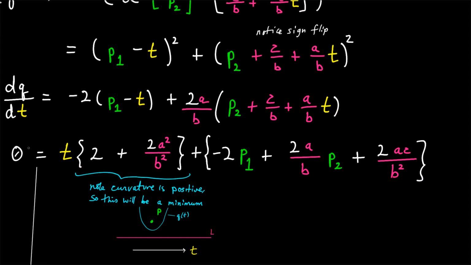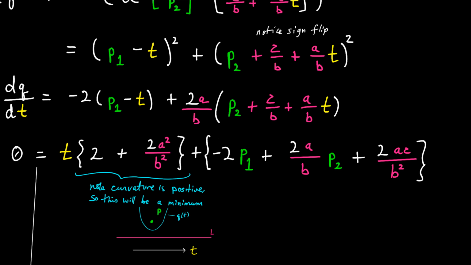So 0 is equal to that. I'm just grouping t terms. So we get minus minus 2 t terms over here, and 2a squared over b squared t terms from over here, plus all the things that aren't t.